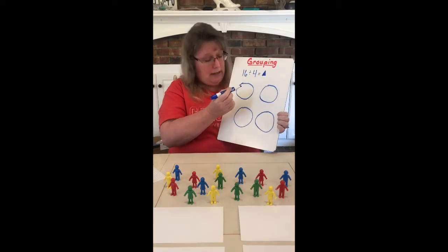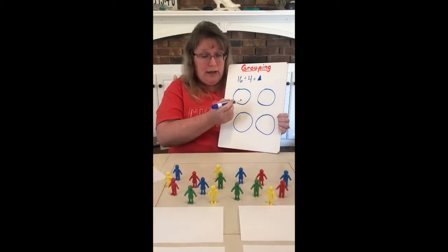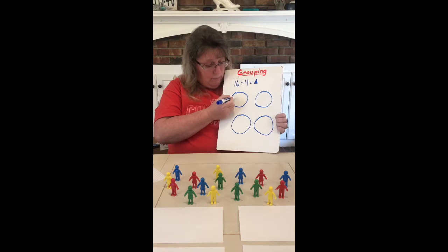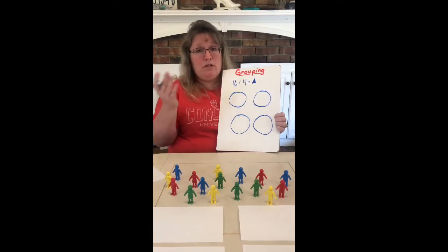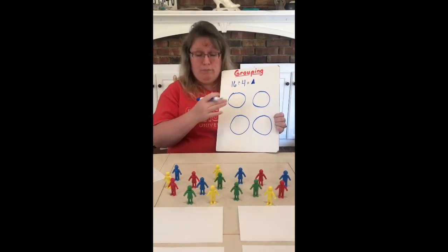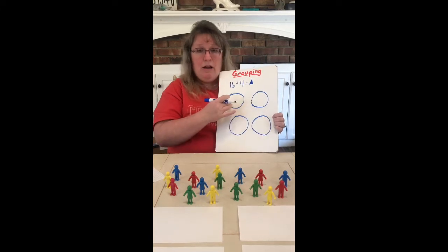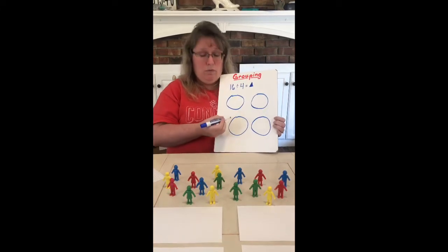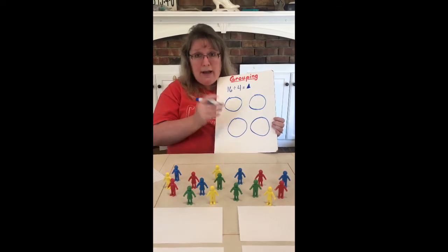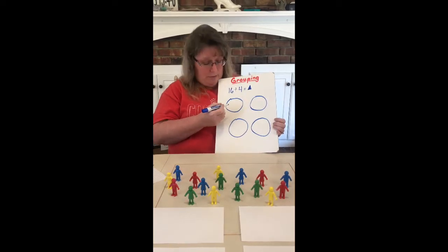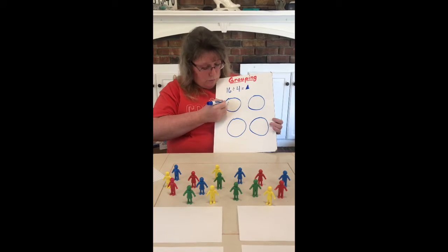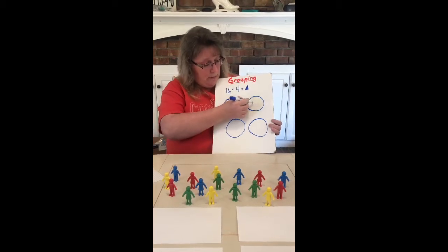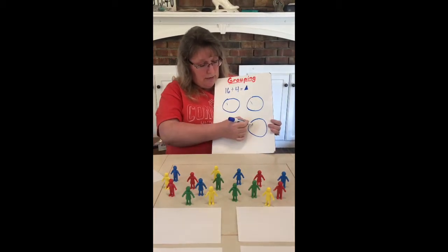So now I know I have a total of 16. So I'm going to do counting and put X's, tally marks, circles, whatever you want inside of here. I wouldn't recommend putting circles inside of circles, but you can do whatever you want. Stars, hearts. I had some of my kids do hearts before, but I'm just going to do tally marks. So 1, 2, 3, 4.